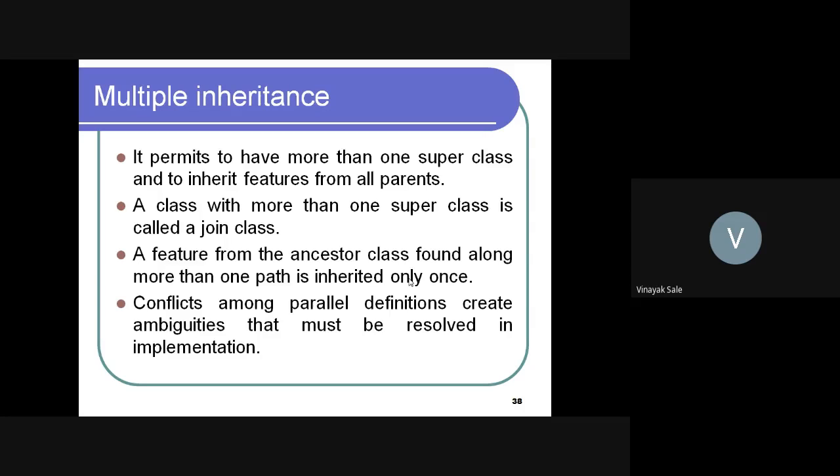A feature from the ancestor, that is the previous or superclass, found along more than one path is inherited only once. Conflicts or ambiguities among the parallel definitions must be resolved in implementations.